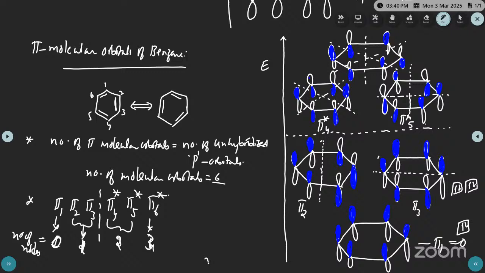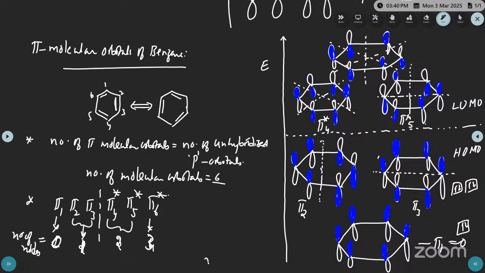Highest occupied molecular orbital, lowest unoccupied molecular orbital.